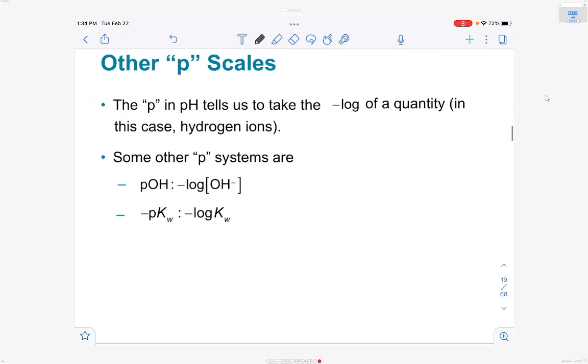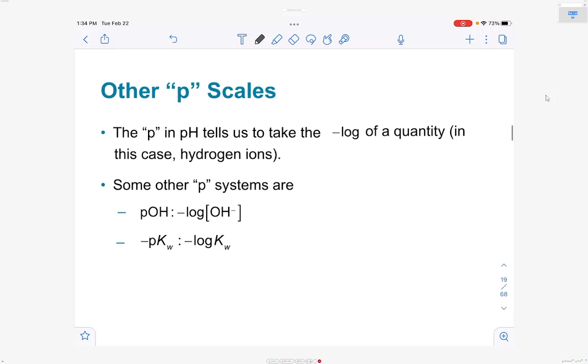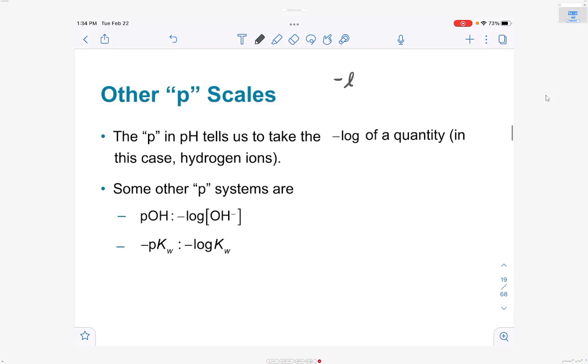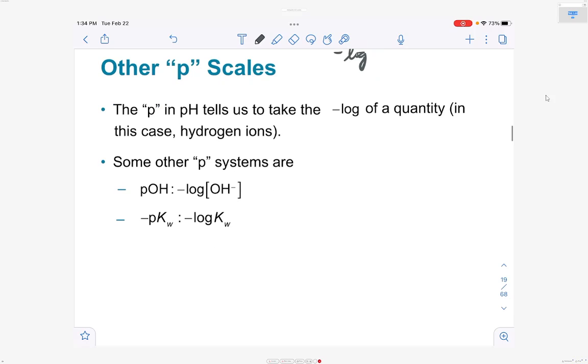If you take the negative log of the concentration of hydroxide, it's going to be pOH.